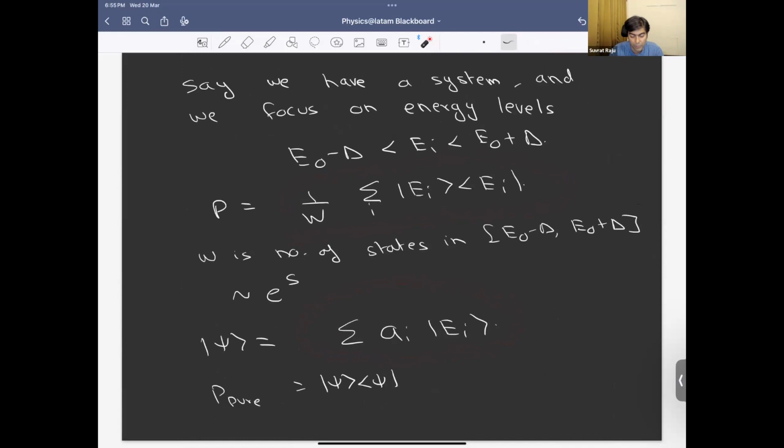I'll allow even arbitrarily high energy states, but assume their coefficients are suppressed. Here, what we were doing was looking at all kinds of states where these a_i were being picked with equal probability in this band of energies. So this was a set of pure states geared to compare with the microcanonical ensemble. If you wanted to compare the canonical ensemble, there's a different set of states you can look at, where you draw from all energies, but with the right probability distribution. And if you do that, you'll find the same result for that case.